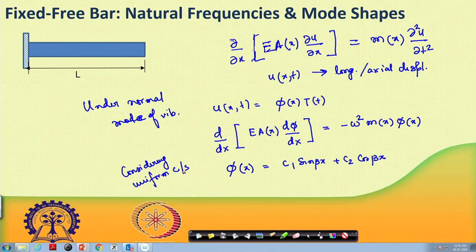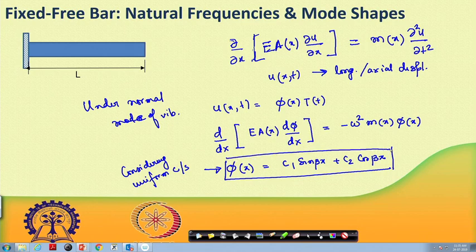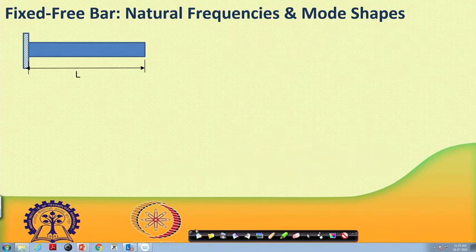For this particular case the solution of φ(x) is of this form, where β² is nothing but ω² m by E A. This we derived in the last lecture.